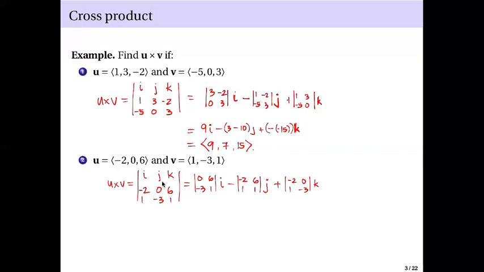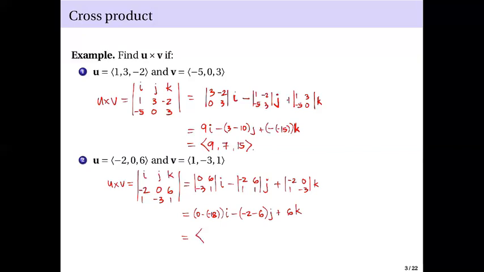And then let's find the determinants here. On the first, you have 0 minus -18, i, minus the quantity: on the second, you will have -2 times 1, that's -2, minus 1 times 6, that's 6, and j, plus on the third one, we have -2 times -3, that's 6 minus 0, so let's just write 6k.